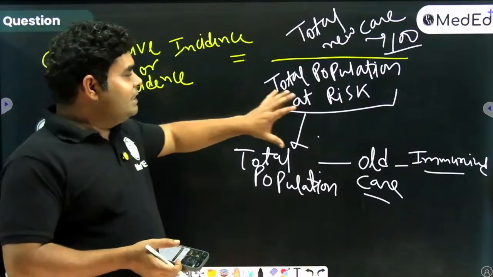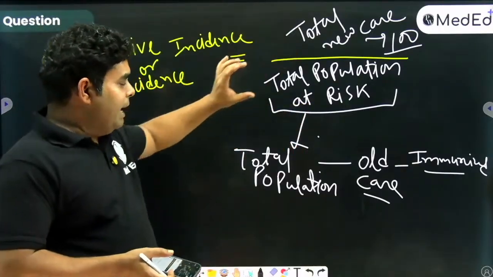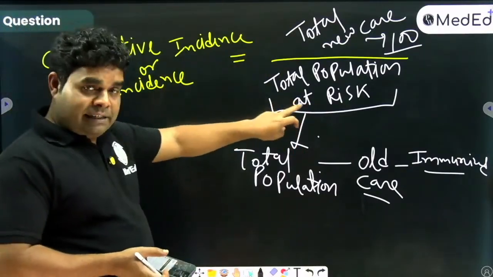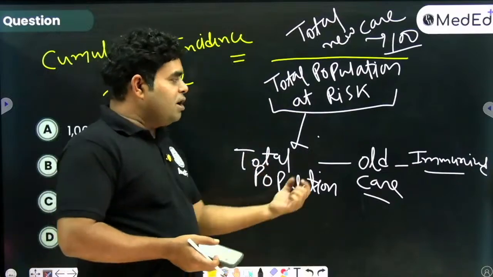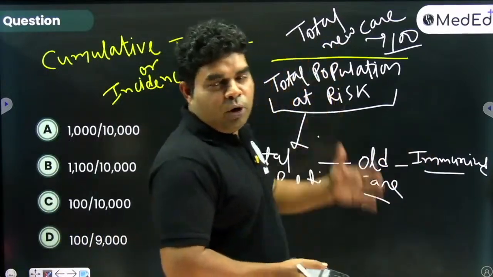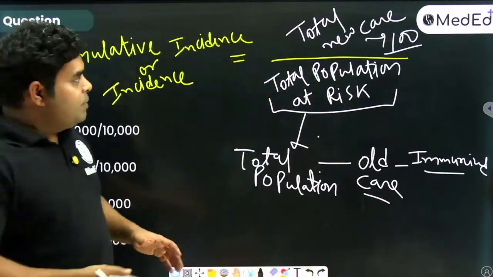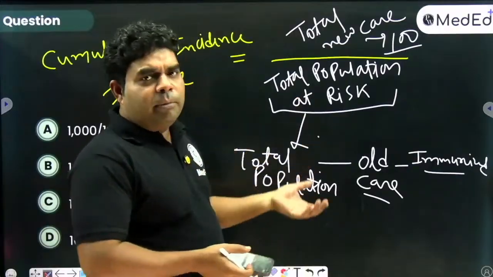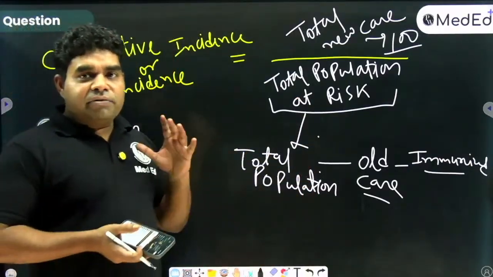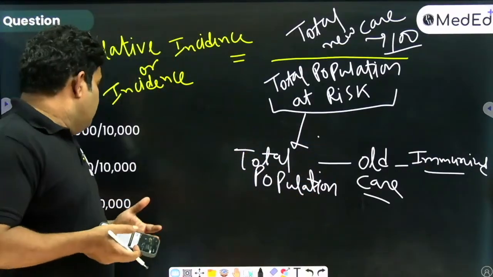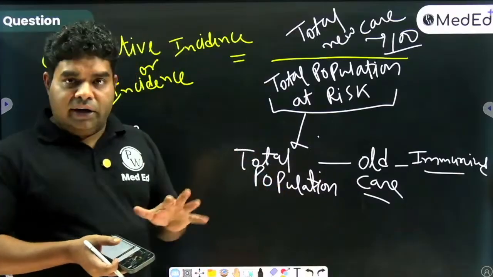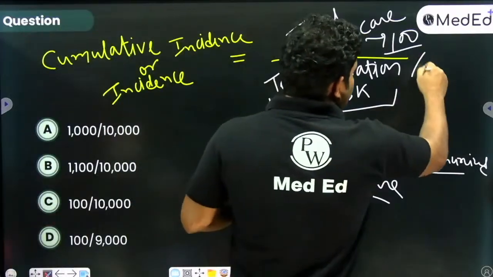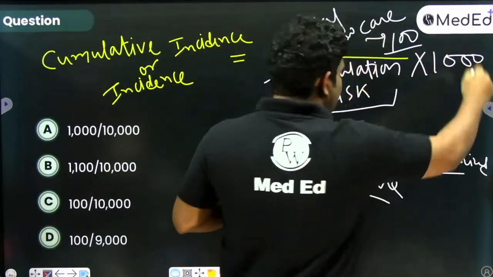So to find the incidence, we write total new cases by total population at risk, and total population at risk means total population minus old cases minus immunized. Usually we multiply by 1000, but if the answer is in percentage, we can also multiply by 100, but usually we multiply by 1000.